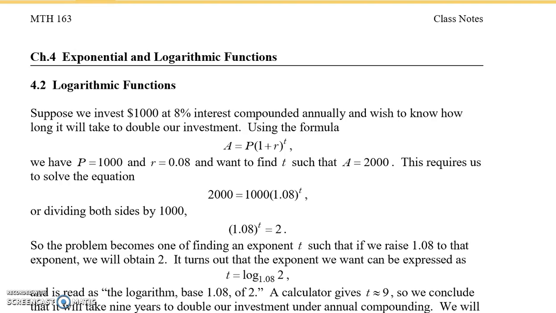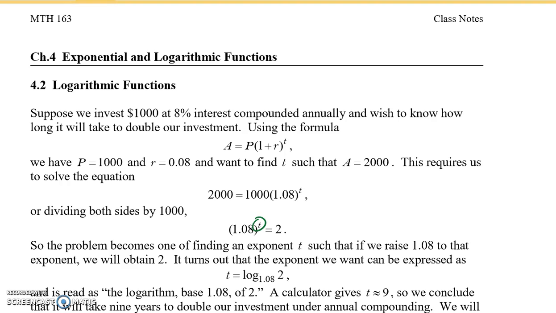So now the problem becomes one of finding an exponent T such that if we raise 1.08 to that exponent, we will obtain 2. So the difference here in terms of what we were talking about previously and what we're talking about now is that we're solving for an unknown in the exponent. This is called an exponential equation.